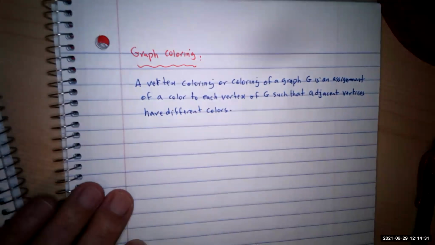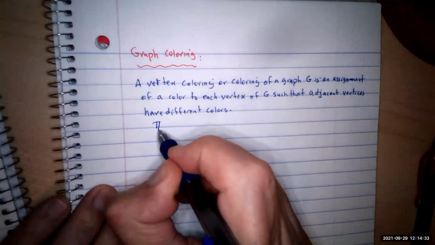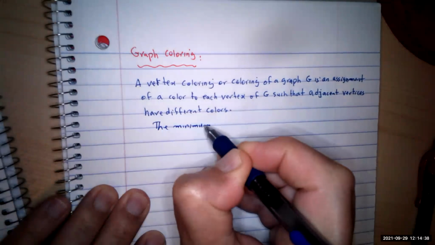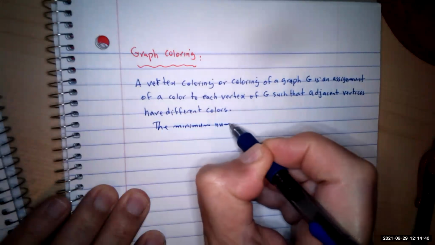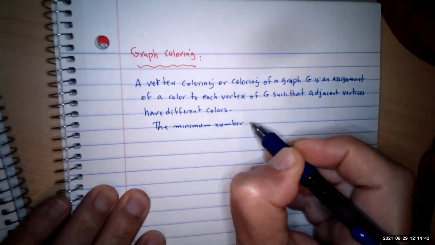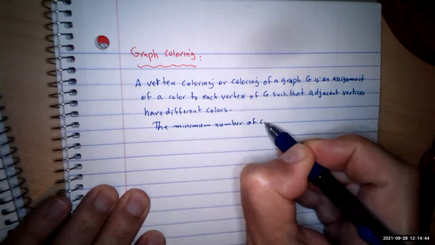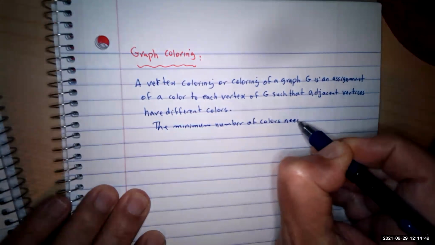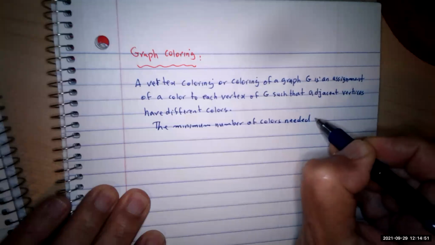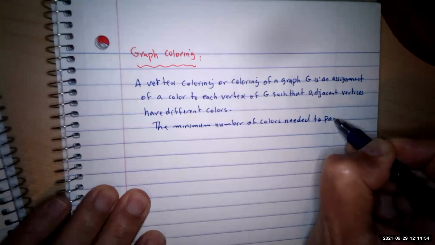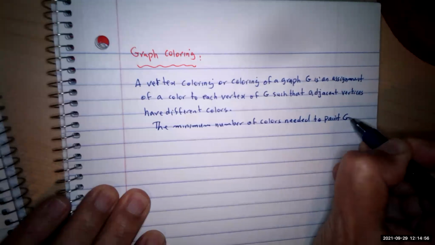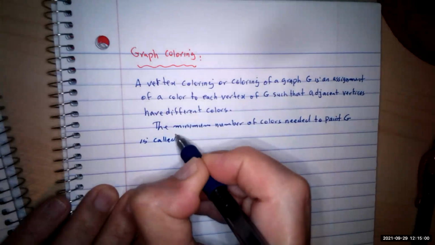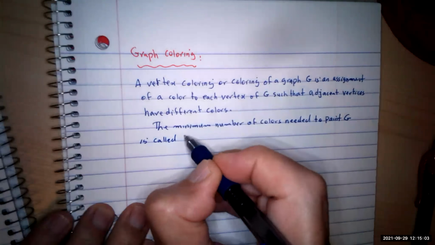Okay, the minimum number of colors that we need to paint or color G is going to be called the chromatic number.